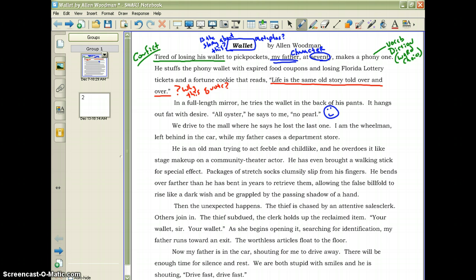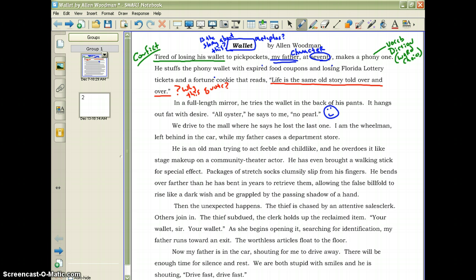Losing Florida lottery tickets, fortune cookie, the expired food stamps, the fortune cookie that has some odd meaning to it. So anybody that takes his wallet is going to go, what is this junk? So he jokes about all oyster, no pearl. When you look inside oysters, of course, you're looking for that pearl. And he sets it up so there's nothing but a shell there. There's nothing of importance to it.